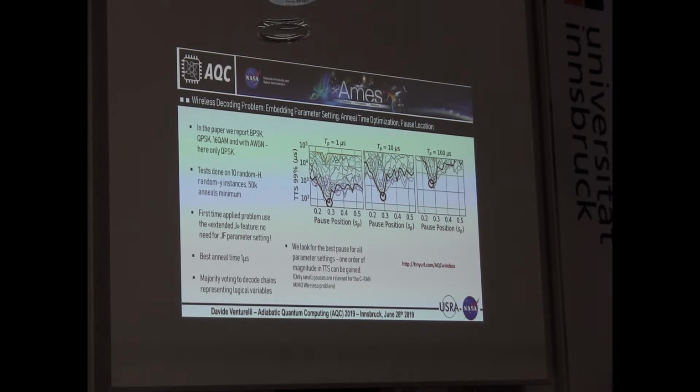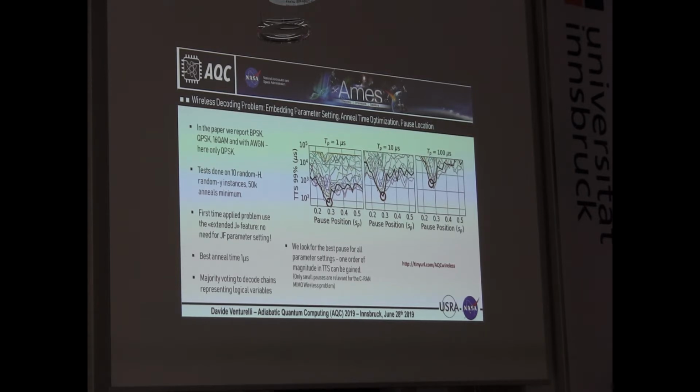There are many in the paper, but I want to show that if we pause, first, we get the best results. Second, we can set the pause location and duration independently from the ferromagnetic couplings and the annealing time of the test instances.